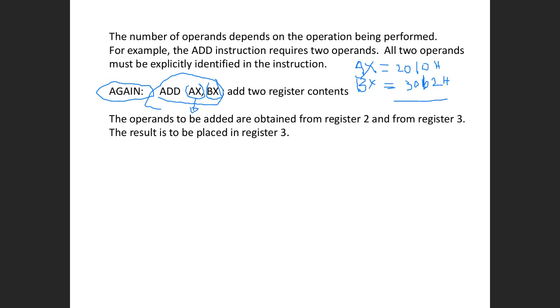It will be 2705H. Okay, so that means this result will be saved where?